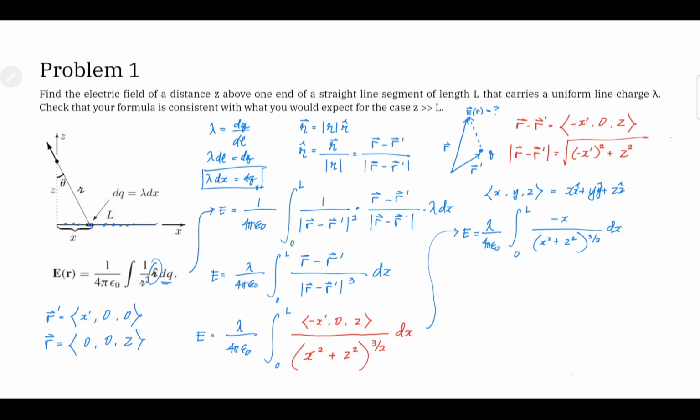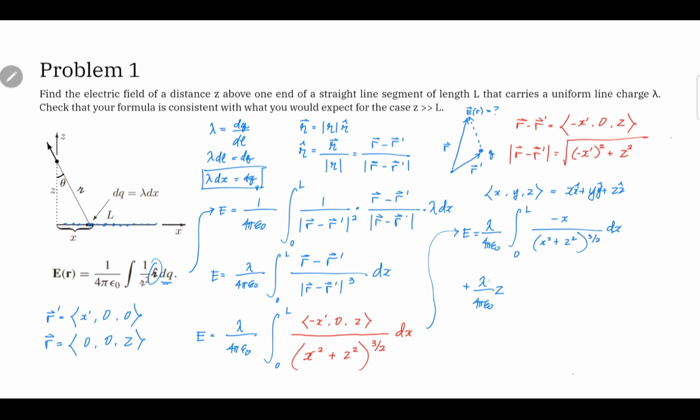Now your second term, I'm just going to write it down below since I'm out of space. Your second term is simply going to be lambda over 4 pi epsilon naught multiplied with z. As you can see, your z is already outside because you're only integrating with respect to dx, which means any other variable is going to be held constant.